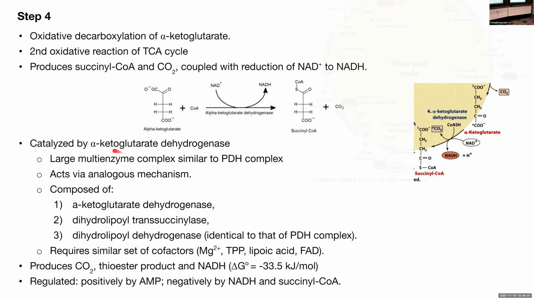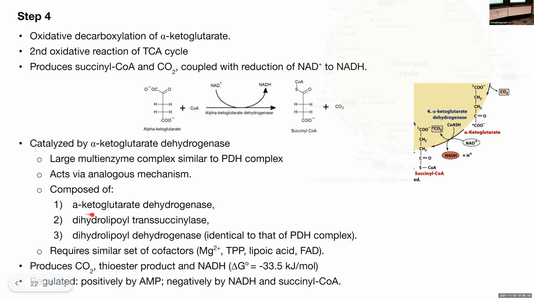And this alpha ketoglutarate dehydrogenase also forms a large multi-subunit enzyme complex that has a similar structure to the PDH complex, and also acts using the same mechanism. So this enzyme complex is composed of 3 different types of enzymes.